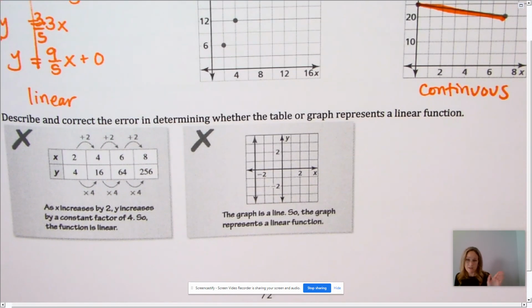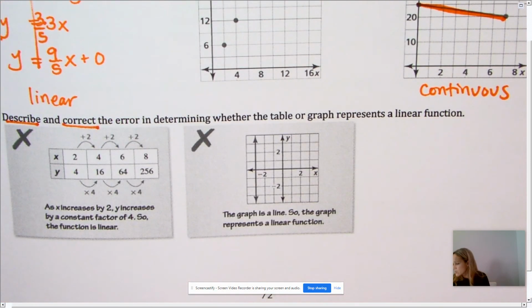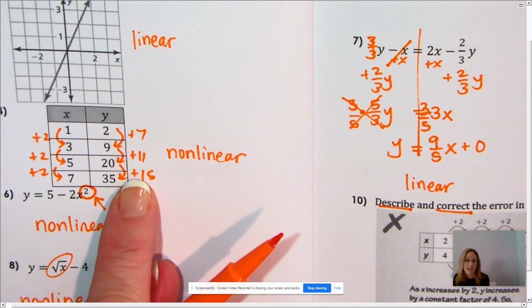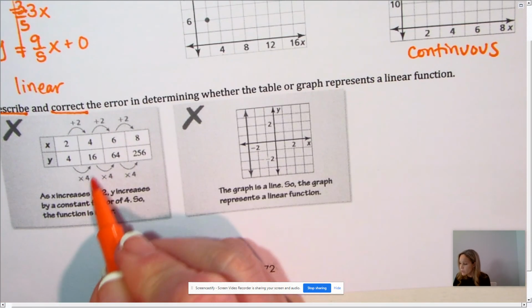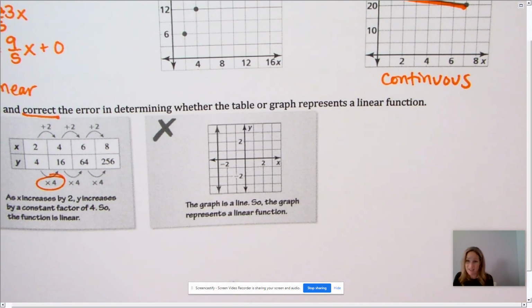Question number 10 again is an even number, so you guys are on your own on that one, but you are going to both describe and correct the error in determining whether it's a linear function. Remember, when we were deciding if it has a common rate of change, we look to see if it adds or subtracts the same number. Look down here. Is that adding or subtracting the same number?